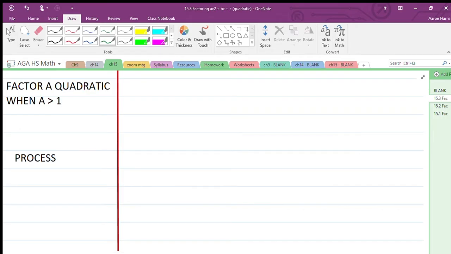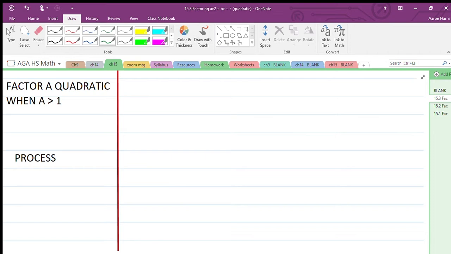All right, so factoring a quadratic when a is greater than 1. Last time we talked about when a is 1, it was pretty simple, okay? This process is going to take the process that we already learned, except we got to do an extra 2 or 3 steps, okay? So here we go. Let's take something very simple.